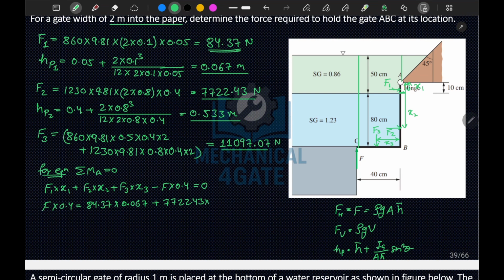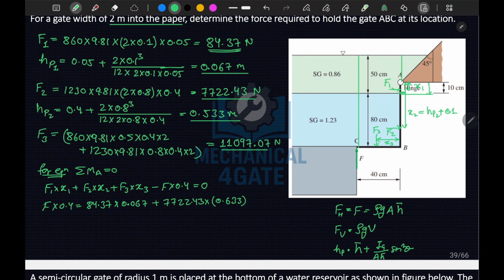If I talk about x2, x2 will be this distance from here up to here, plus hp2. I hope you get this point. So hp2 plus 0.1 will be equal to 0.633. So x2 will be equal to hp2 plus 0.1.